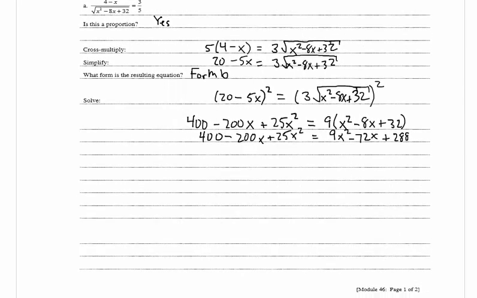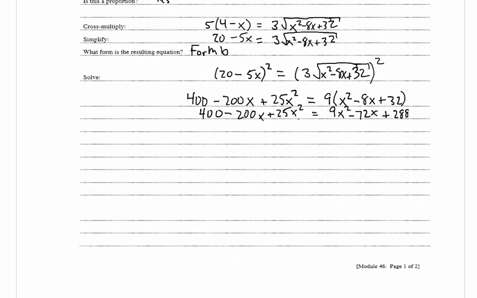So we have 25x squared minus 9x squared gives me 16x squared. And then I have negative 200x plus 72x is minus 128x. And then I have 400 minus 288 is equal to 112, is equal to 0.